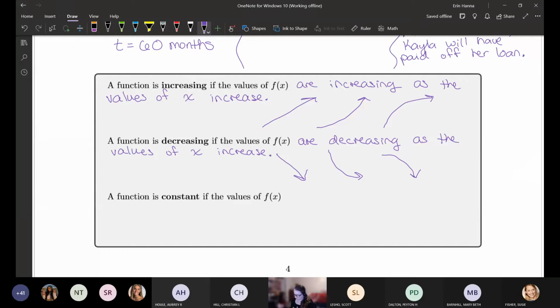And then we've got that a function is constant if the values of f of x are constant as the values of x increase. And you just have one option, go straight across.